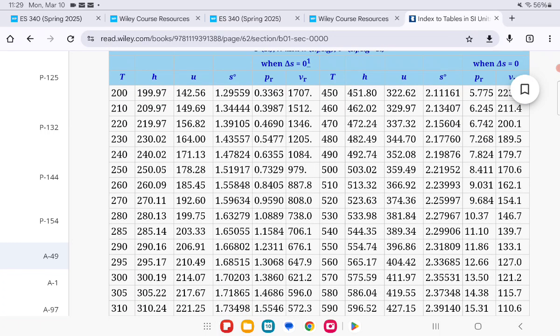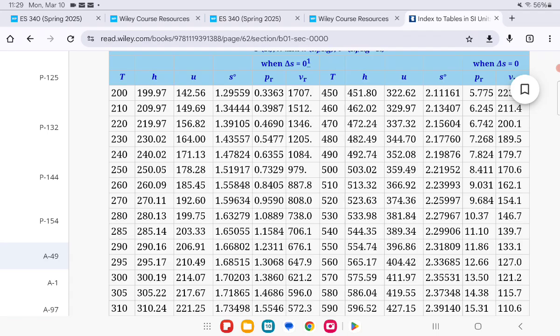So if I come down here, I see a temperature of 300 Kelvin, and I'm given S circle, right? Look at the top of the table here. It says it has the little circle above it. S circle is not S. This was just our way of trying to get an estimate of the integral in our equation that we had before.